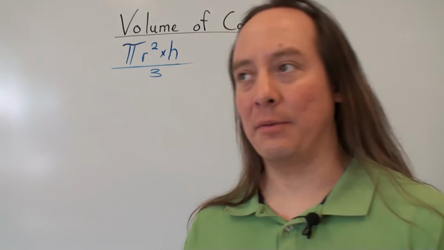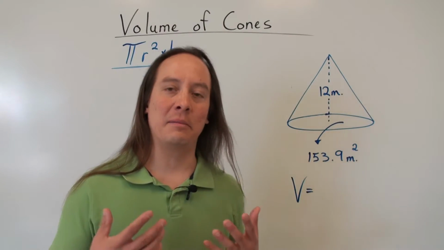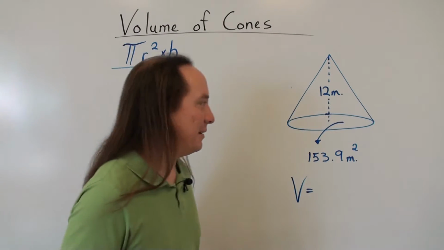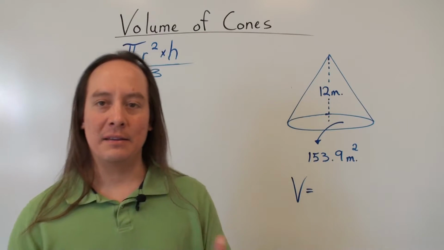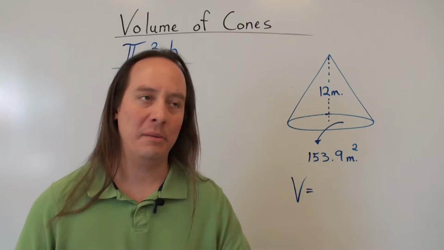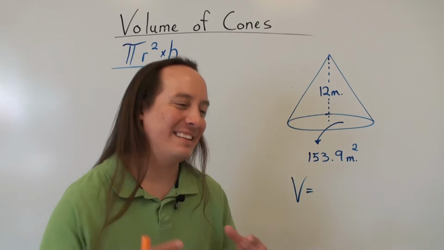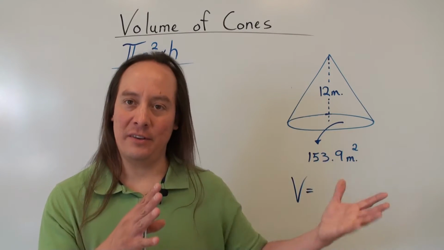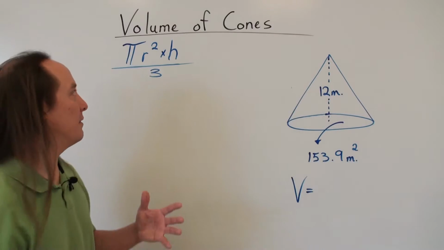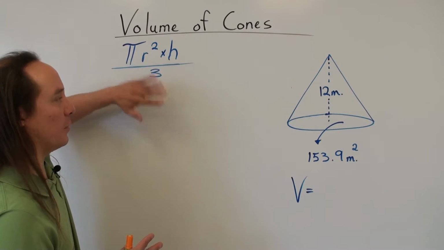So we have to ask ourselves, what part of the formula is talking about the area of a circle? This is why at the beginning I said that these kinds of formulas, and I talked about it also in pyramids and cylinders, they build on each other. We have to start recognizing what this is, what that is, what the whole thing is.